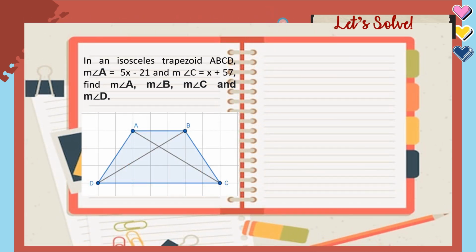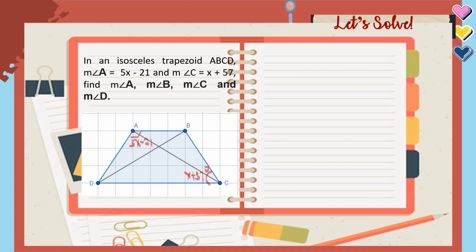Number 2. In an isosceles trapezoid ABCD, again, the given is still the same. But the measure of angle DAB is 5x minus 21. And the measure of angle C, or BCD, is x plus 57 degrees.